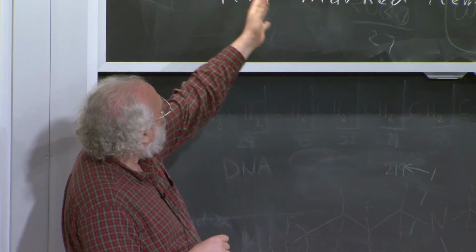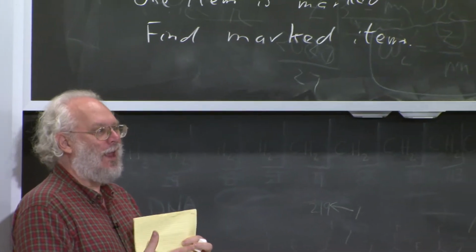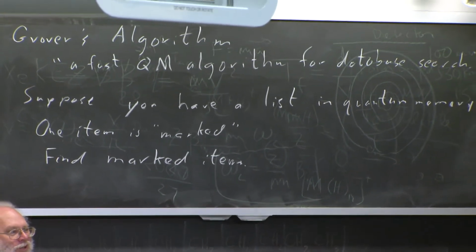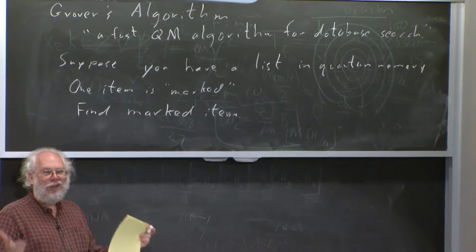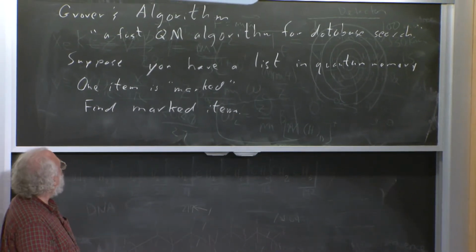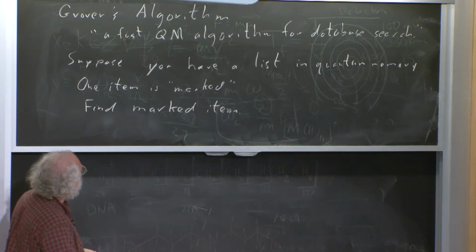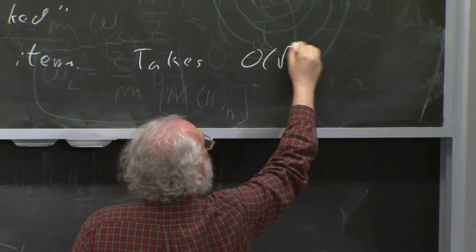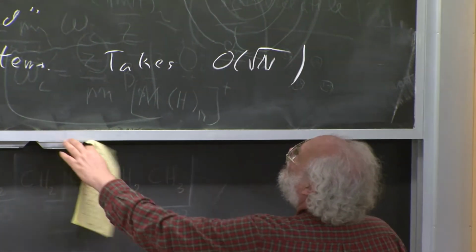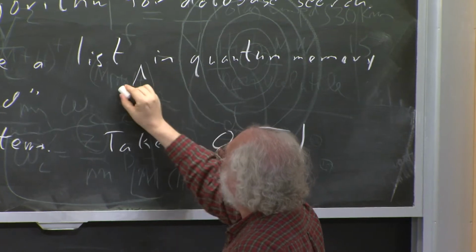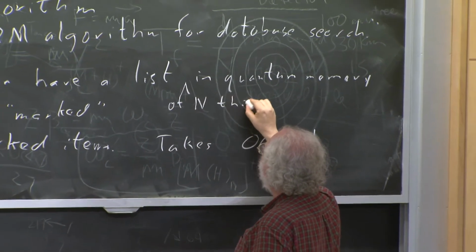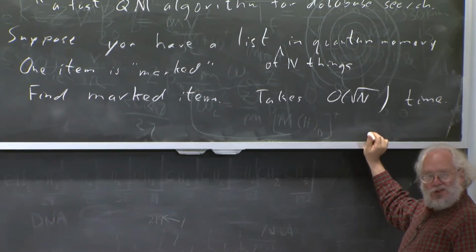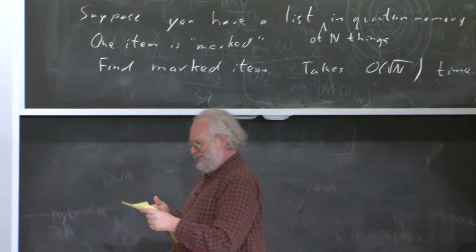And if you have a list of n things, putting them in quantum memory is going to take n time, unless you can somehow do it quantum parallelly, which only works for certain kinds of lists. So it takes on the order of square root of n times the size of the list, which is much slower than you could do with a real classical database.